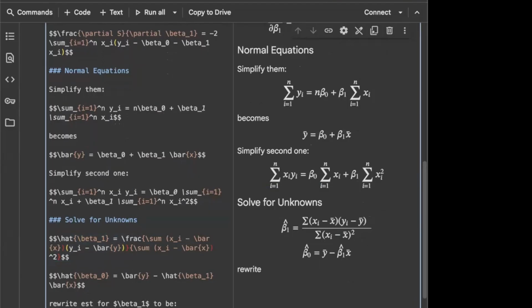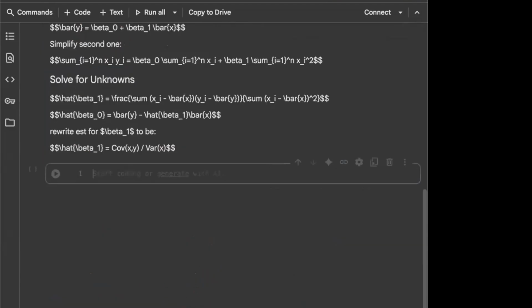We say beta 1 hat actually becomes the covariance of xy divided by the variance of x. Because the summation of xi minus x bar squared is just the variance, and the one in the numerator is actually the covariance. So something like that is very interesting, and the solution carries a lot of characteristics, right? So this is how you set things up and how you solve the problem.